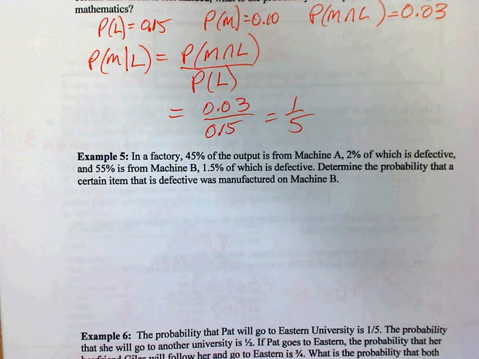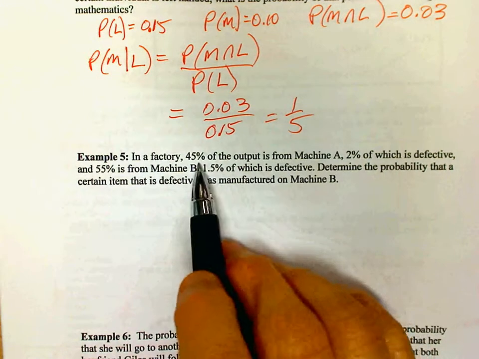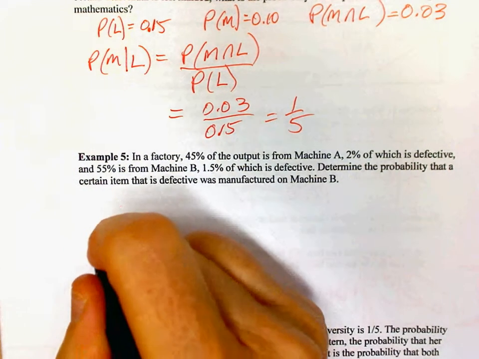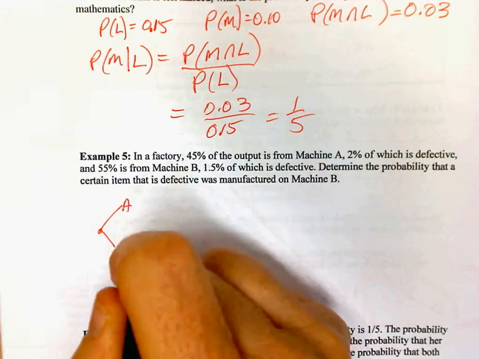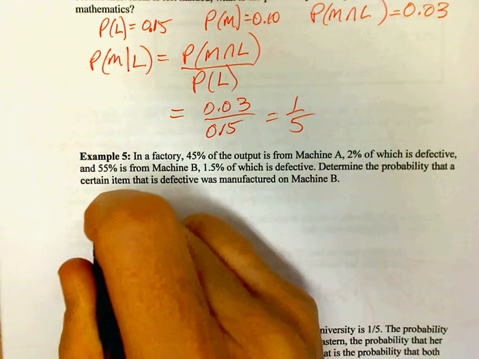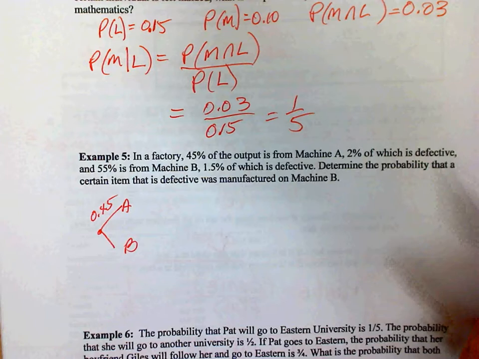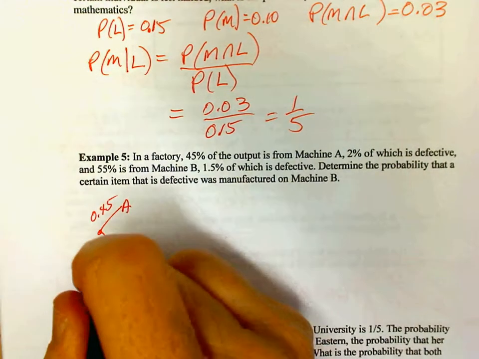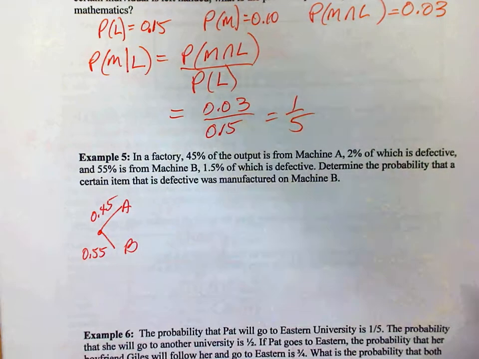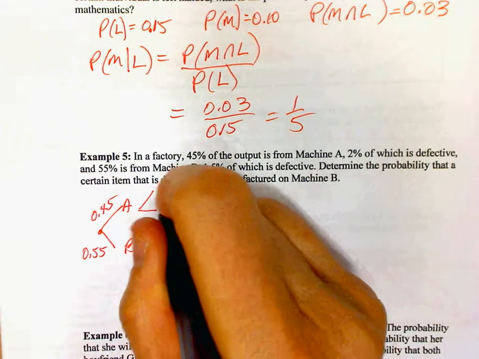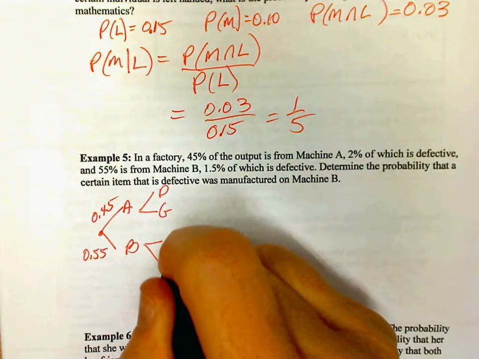In a factory, 45% of the output is from machine A. That means the remaining is from machine B. Alright, so it's either defective or good. The product is either defective or good.